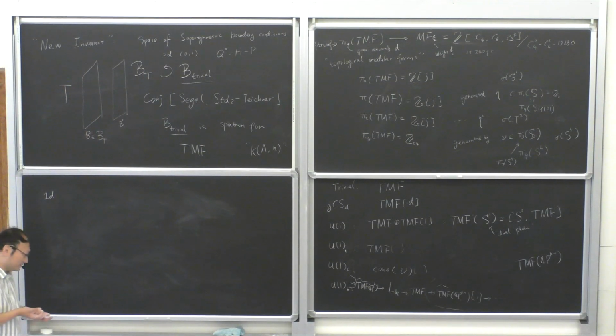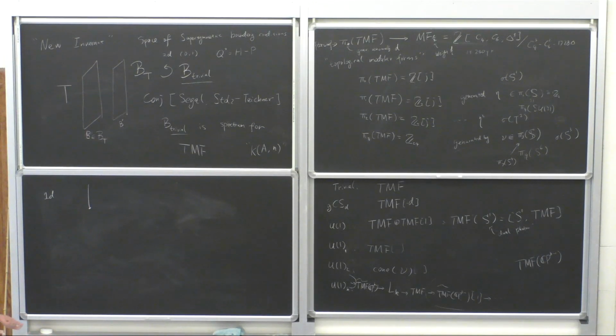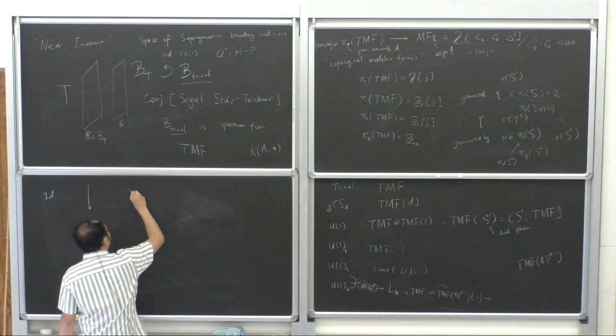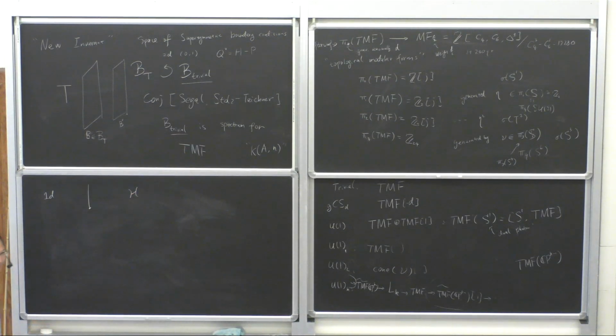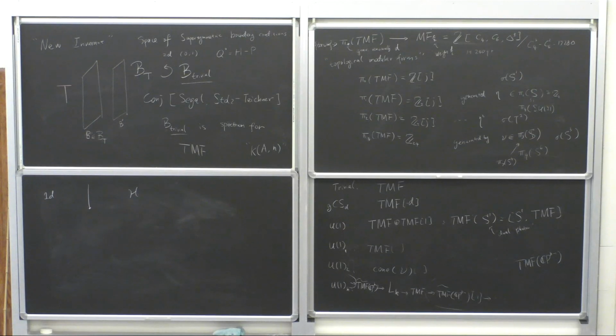But a boundary condition, in a 1D system, will just be a state. So the space of boundary conditions is just working with a Hilbert space. And indeed, we believe that working with the Hilbert space is slightly better than working with the index. Because, for example, for this wall crossing, if one really understands what happened to the Hilbert space, then one gains slightly more insight compared to just what we can learn from the Witten index.